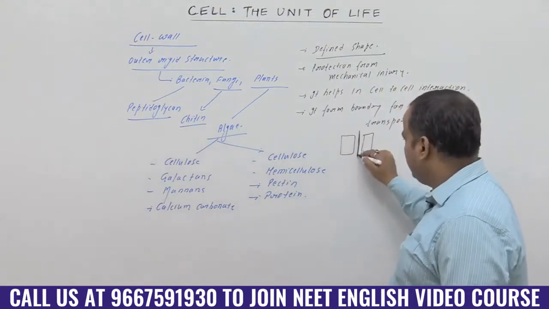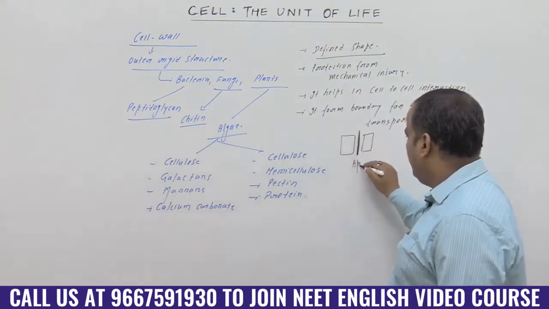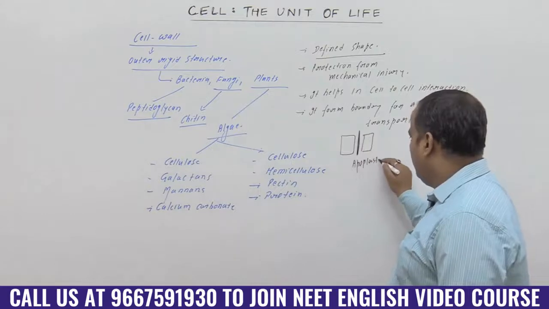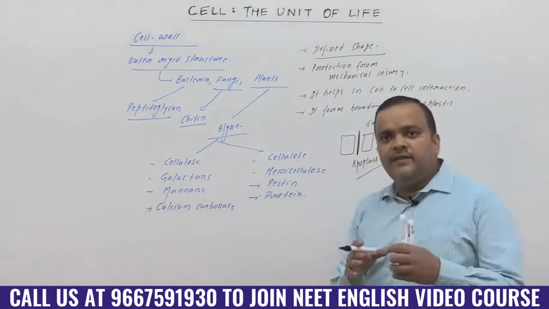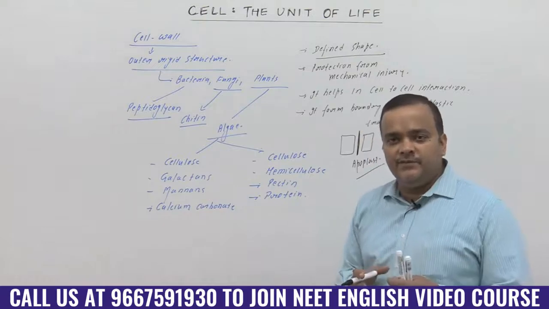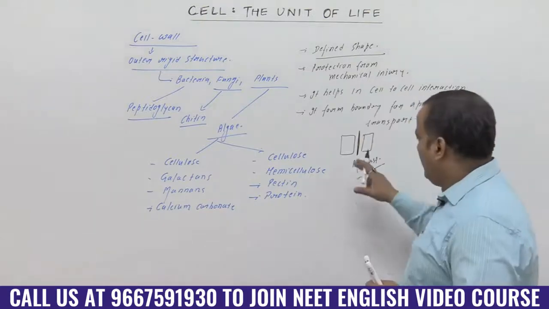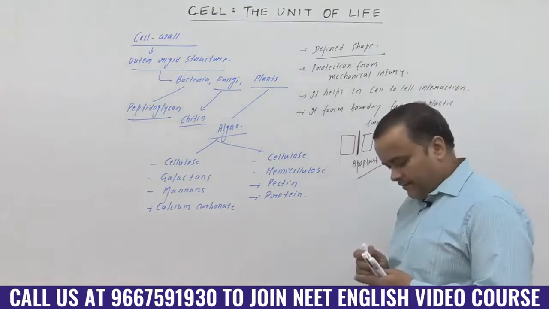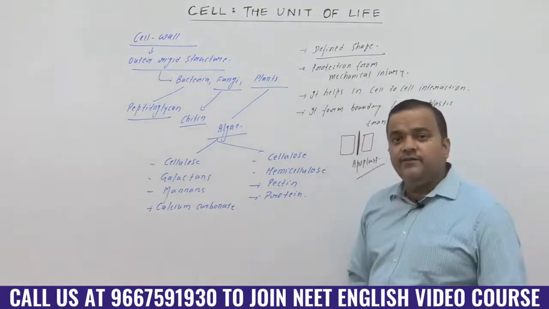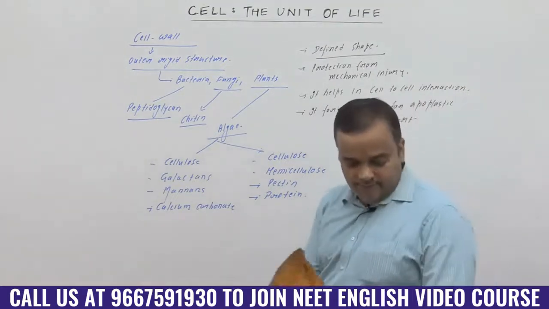The space between them is known as apoplast. In case of plant, most of the water is transported via this apoplast, that we will study in transport in plants. So the boundary of this apoplast is formed by cell wall. So these are some functions of cell wall.